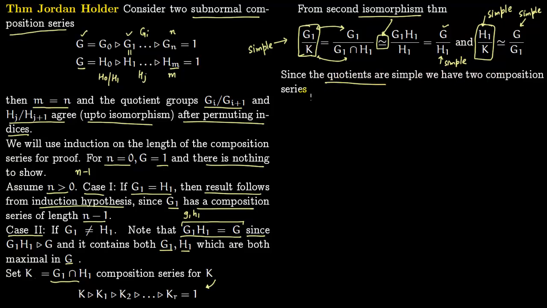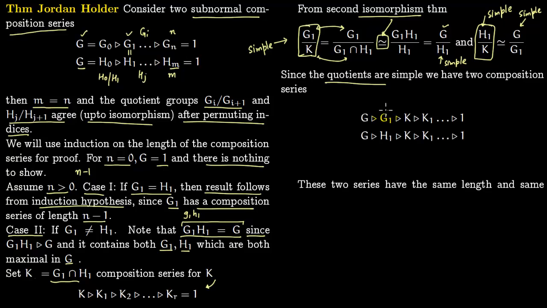So we have two composition series for G now. You go to G1 and behind G1 you put this K, because G1 over K is simple. Then you take the second composition series, and instead of starting from G0 we put G here because there is equality. You copy this series right here.